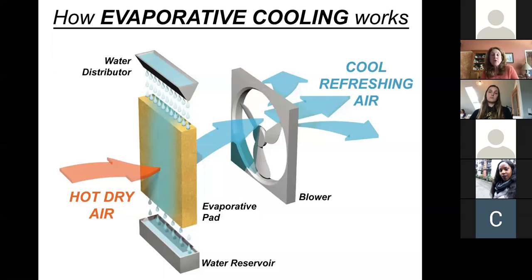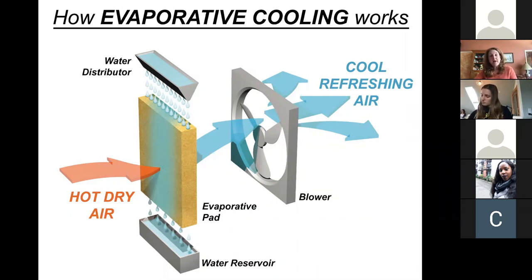Now, we also can use evaporative coolers as a mechanical system, and this is often thought of as a hybrid system. Hybrid meaning it's not mechanical cooling in terms of using the compressive cooling cycle that we're going to be talking about during our HVAC lectures, but you are using some energy for the fan.